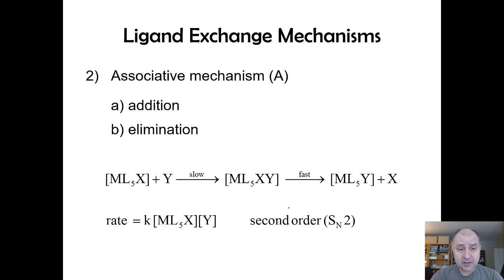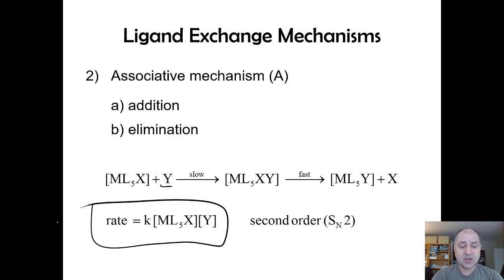The associative mechanism means we have the incoming ligand Y first attaching, so now the concentration of both the metal complex as well as the ligand matters, and so we end up with a second order rate law here, right? Concentration of ML5X and concentration of the ligand. So that's the slow reaction.